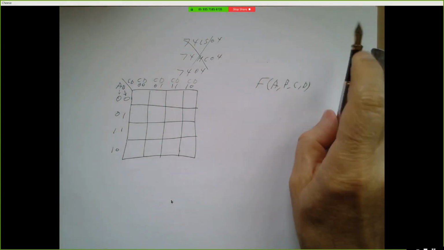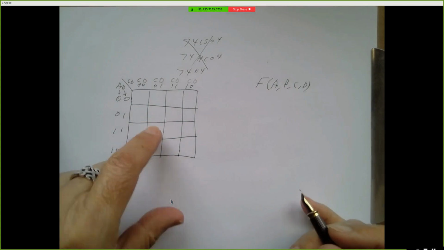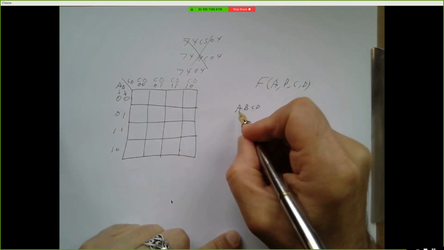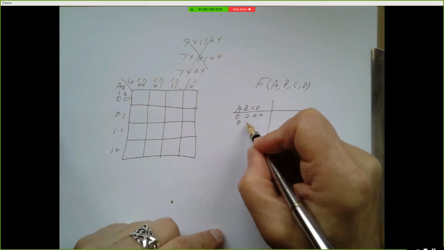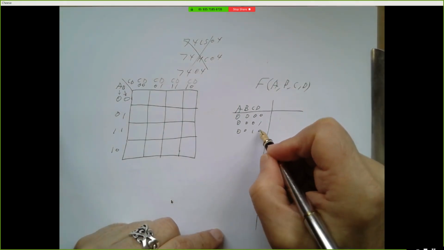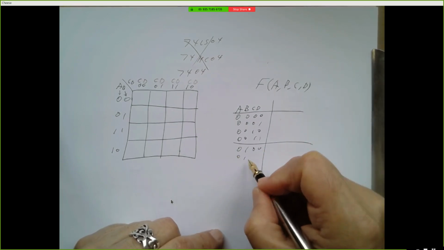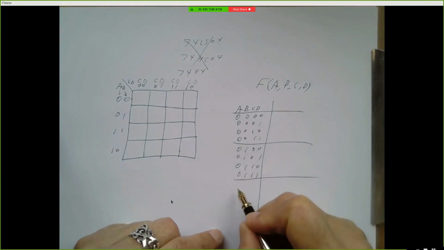Okay, so each entry in our truth table corresponds to one box in our rectangle. So it's a one-to-one correspondence. And we're really just mapping our truth table into a visual representation.